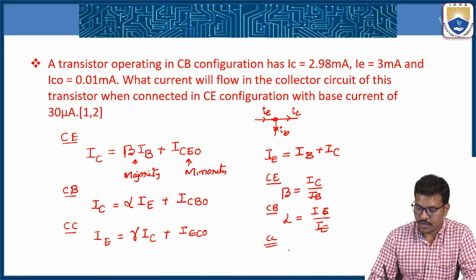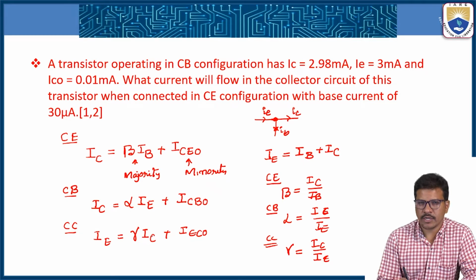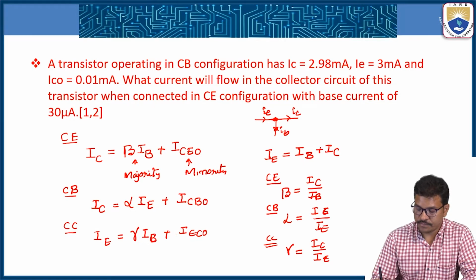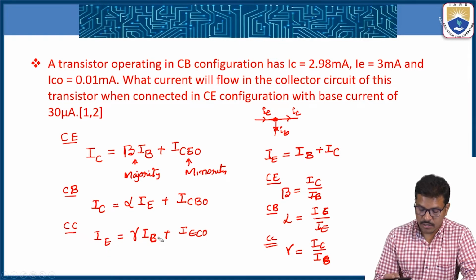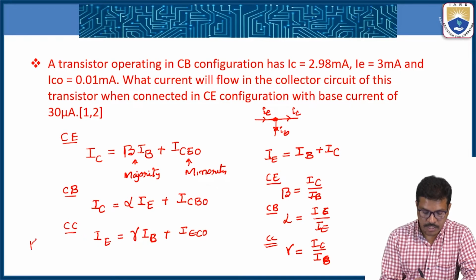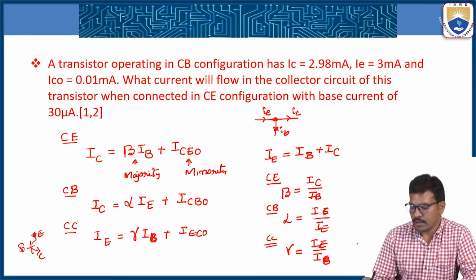And in the common collector configuration, gamma is equal to IE by IB, the emitter current over the base current.